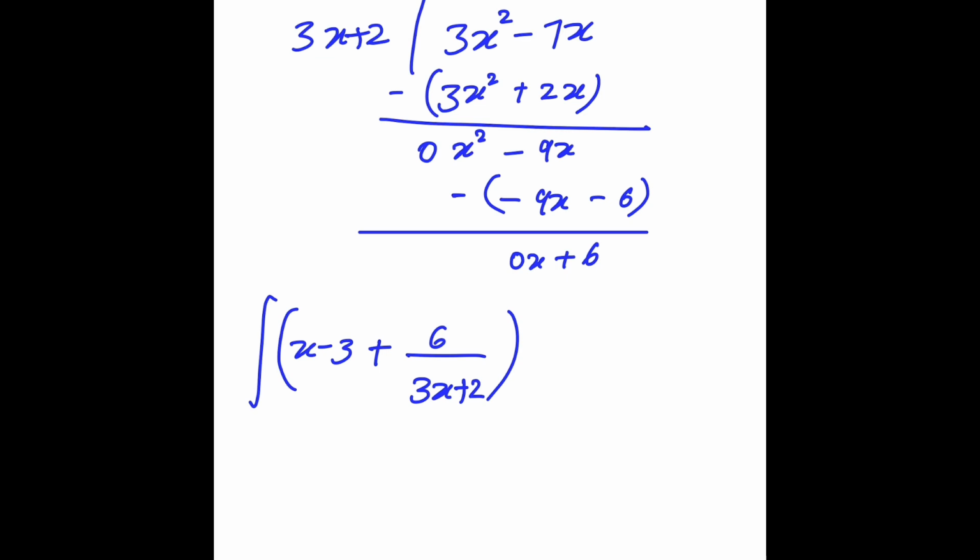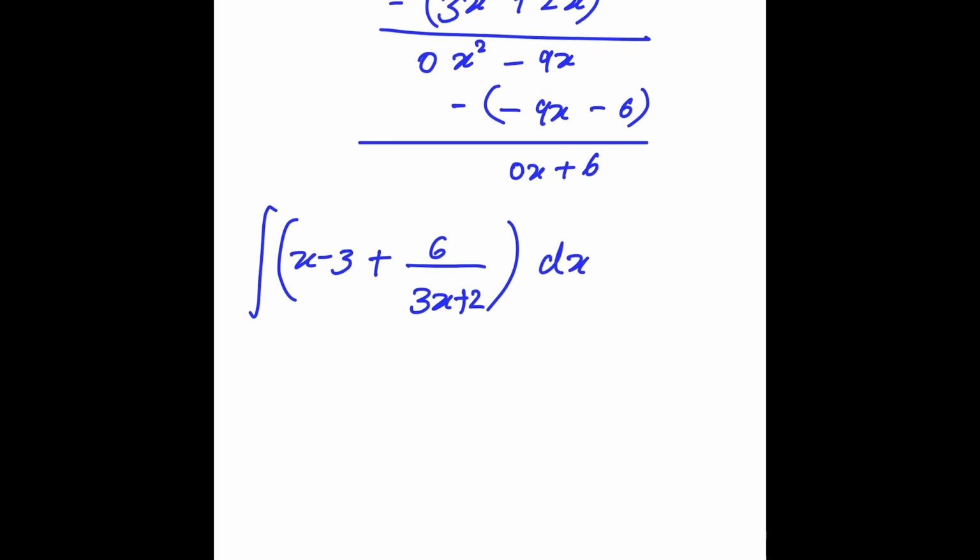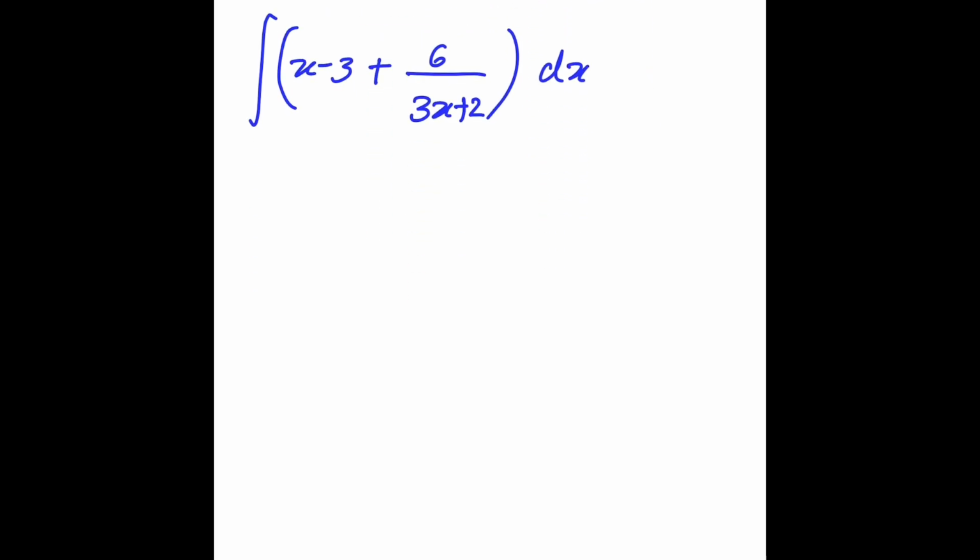Integrating our entire expression. Now if we integrate x, it is going to be giving us x squared divided by 2. The integration of minus 3 is minus 3x. And let's integrate this fraction separately.